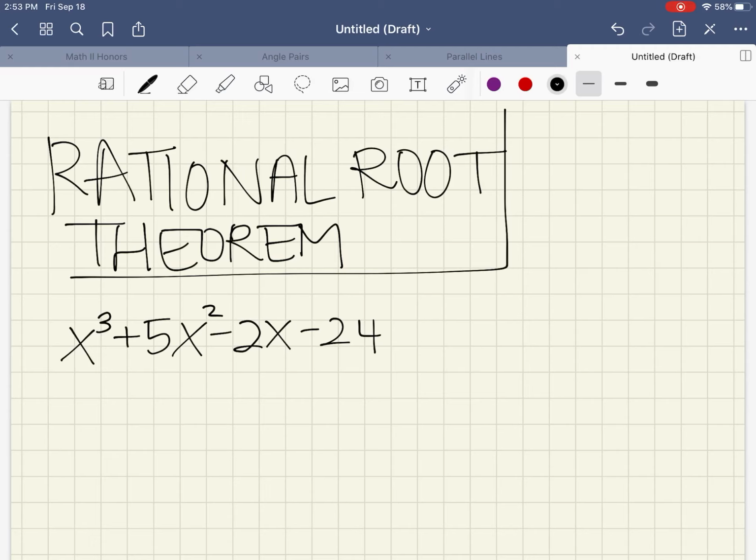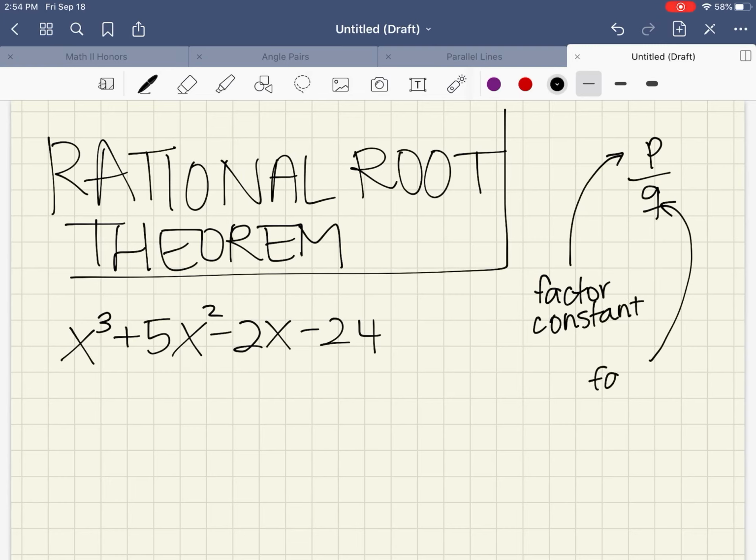The rational root theorem tells me that all real roots will have the form of p over q, where p is a factor of the constant term and q is a factor of the leading coefficient. Remember that the constant term is whatever is the number at the end, so that would be negative 24.